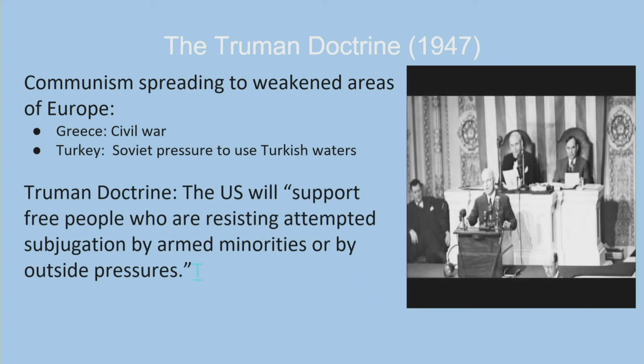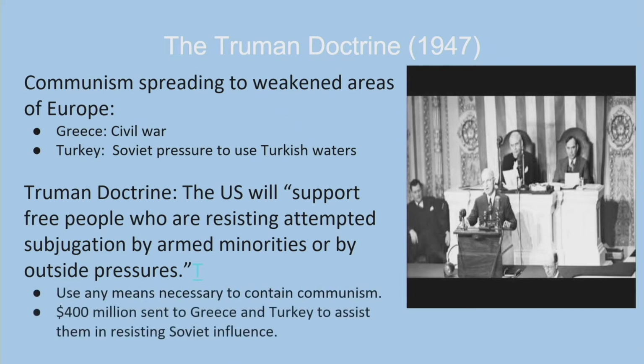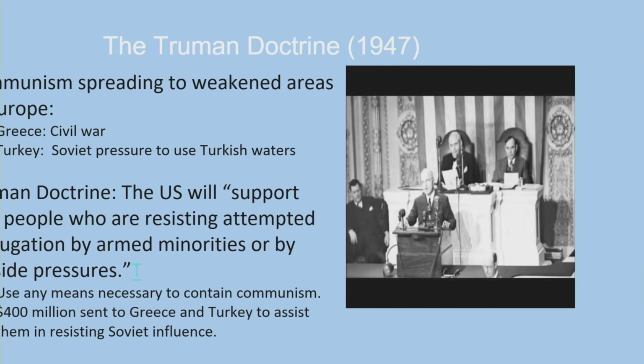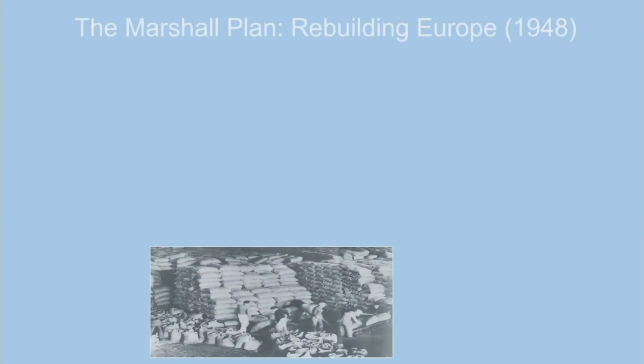So once again, we're going to support free people around the world who are fighting communism. Any means necessary is the term that he uses. And of course, that leads to $400 million to go into Greece and Turkey and lots of financial aid to countries around the world since that period of time.